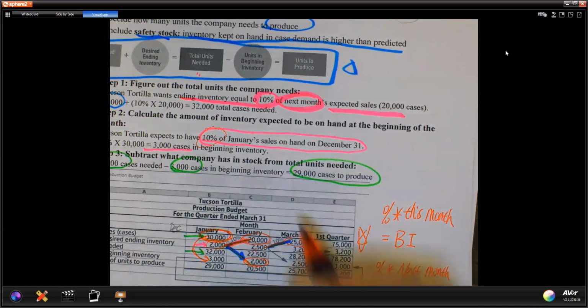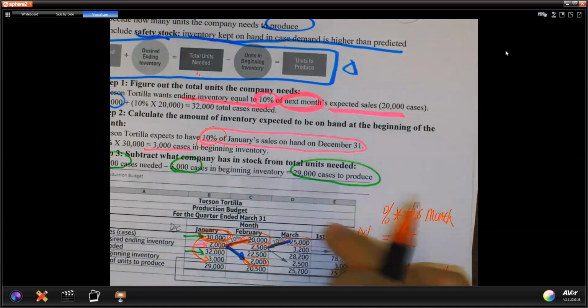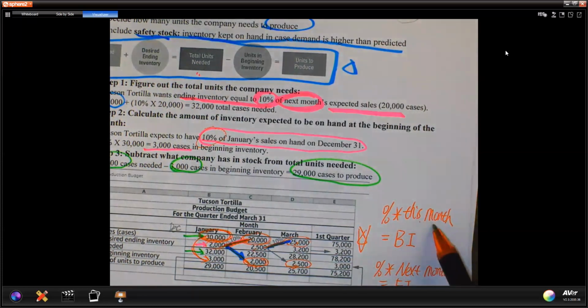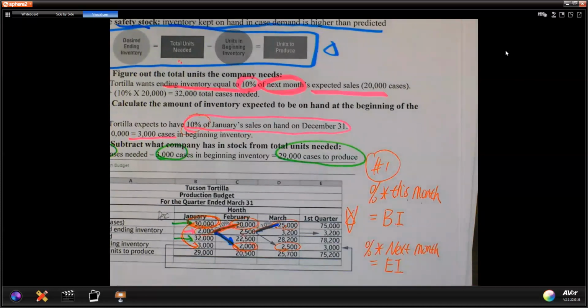For March, 10% of next month, we don't know. It will be April. If I test you, I will tell you how much April is. But 10% times this month will be your beginning inventory, and your next month is your ending inventory. Okay, that's the first thing you have to know. You have to play with the numbers.